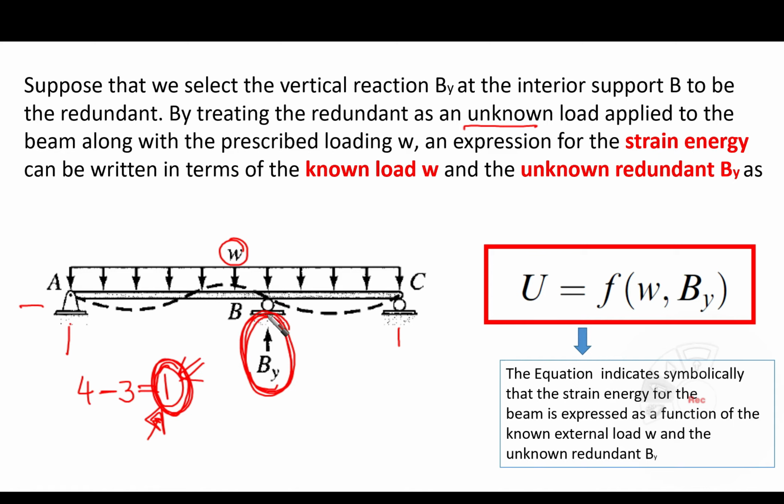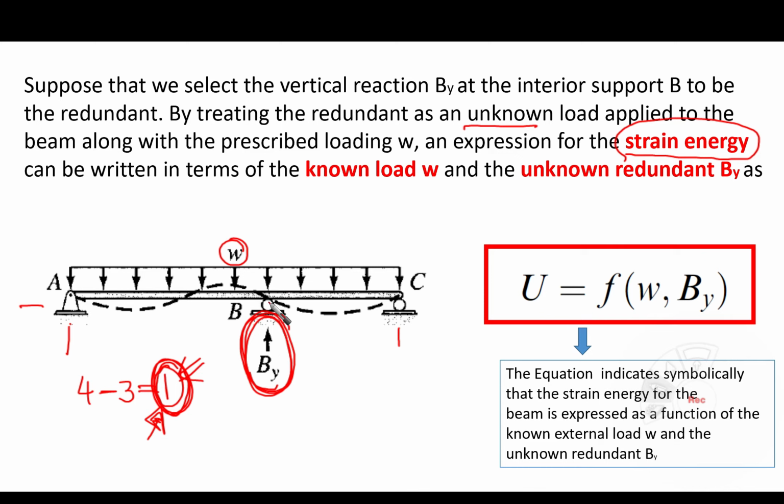The same point. But here we are going to use the concept of Castigliano's theorem, writing an expression for strain energy. We're going to tackle the problem from the strain energy point of view.